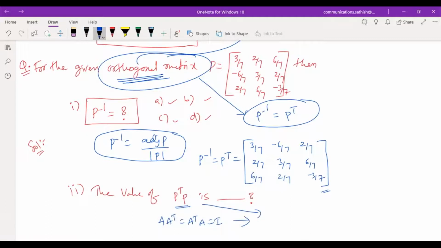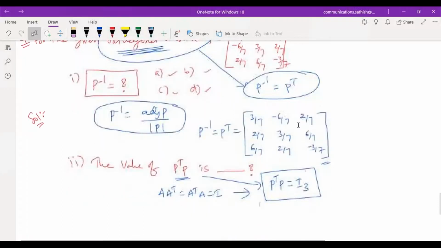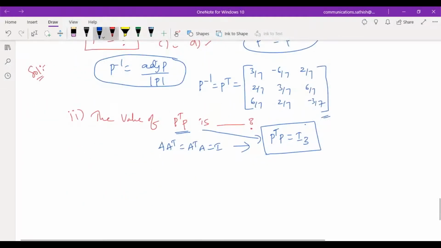P transpose P is equivalent to I3, since it's a third order matrix, which means the third order identity matrix. Am I correct or wrong? Yes, sir.